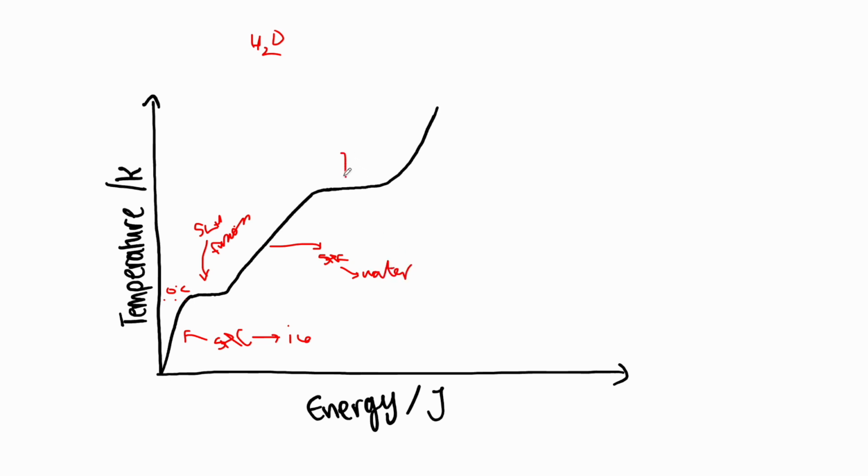Then we need the specific latent heat of vaporization, and then here is just when it's a gas, and you need the specific heat capacity of water vapor. This diagram is very useful, and you need to know this diagram.